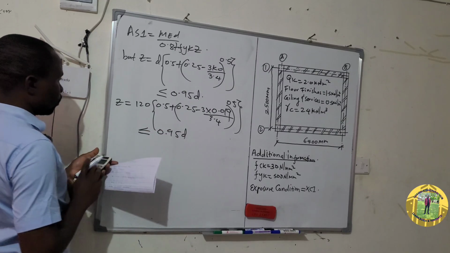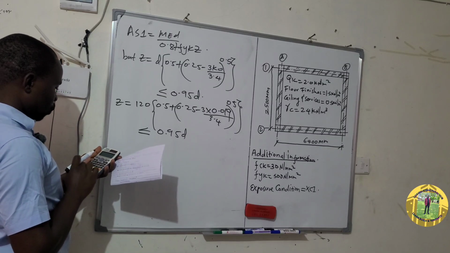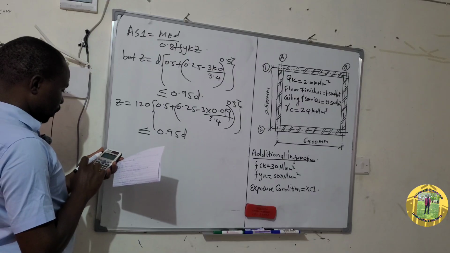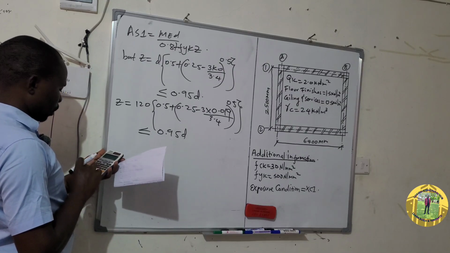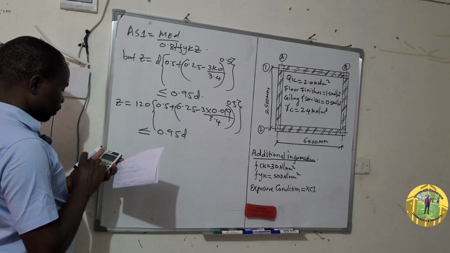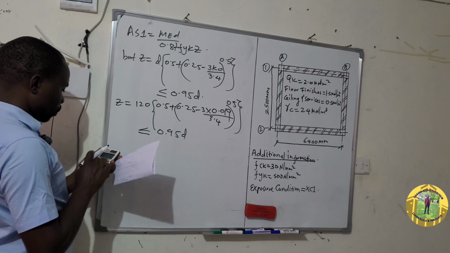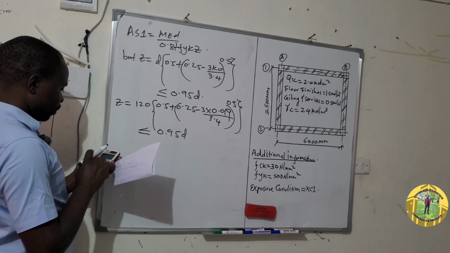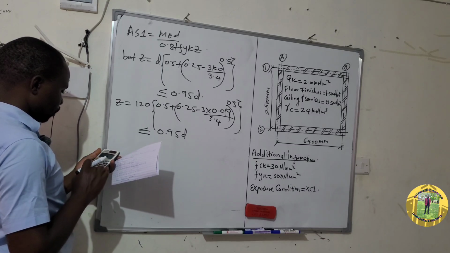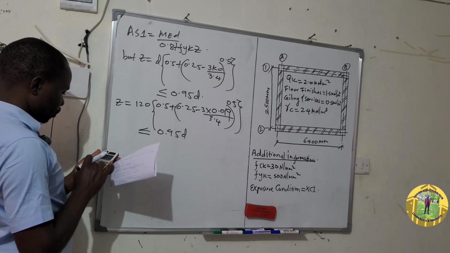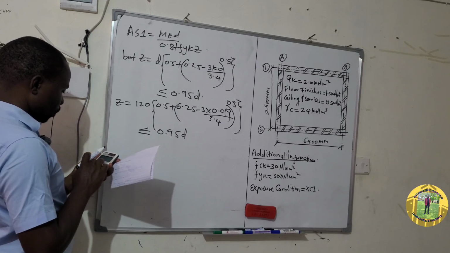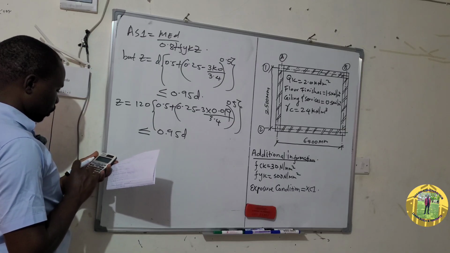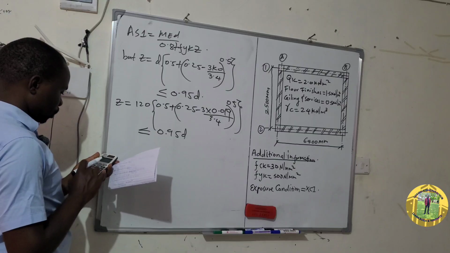So let's check. 0.25 minus, this is 3 times 0.019 all over 3.4, raised to power 0.5, plus 0.5.